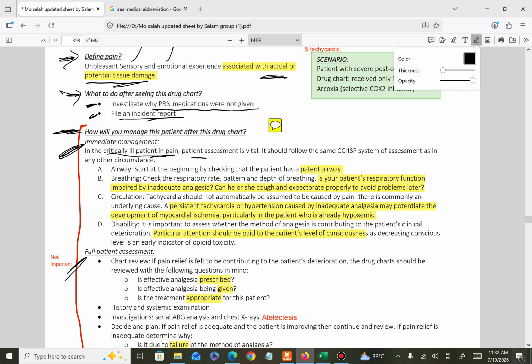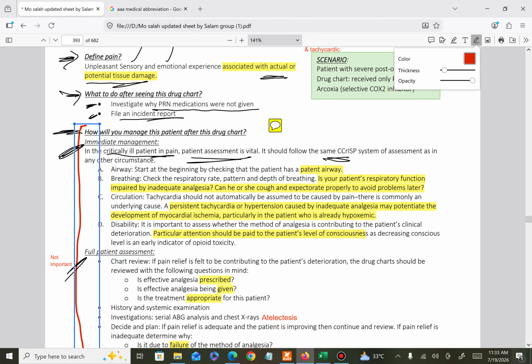So patient assessment is vital. It should follow the same criteria as care of the critically ill surgical patient, assessment as in other circumstances.